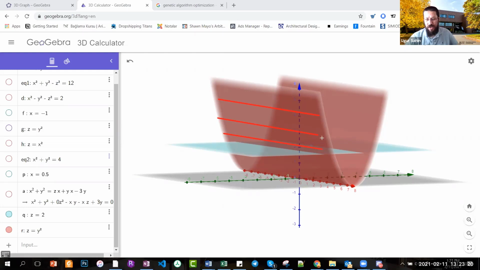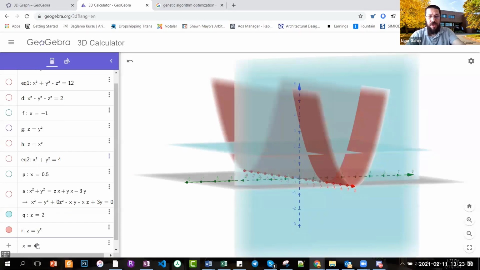That's what it means in the definition. That's why it is called a cylinder. And also, if I take x equal 4, let's say, and then let me remove that one.